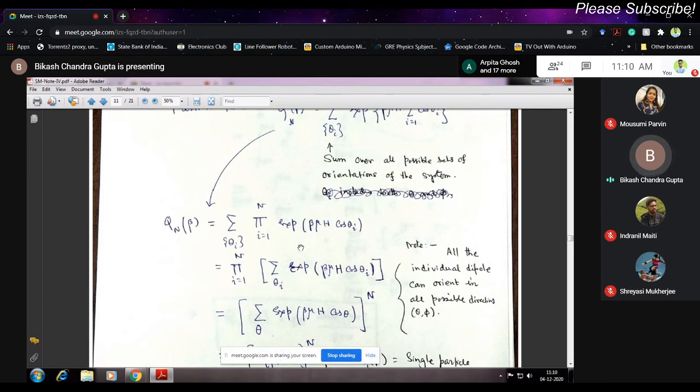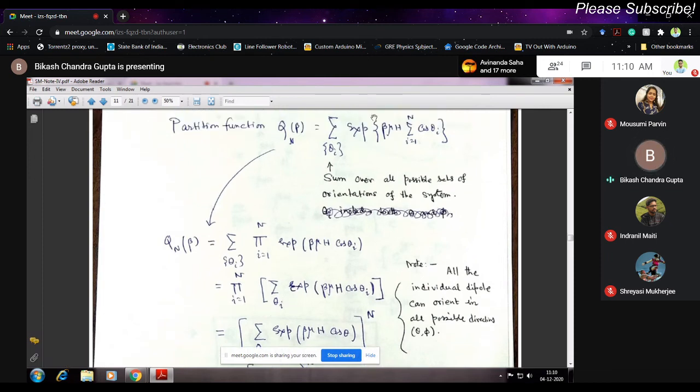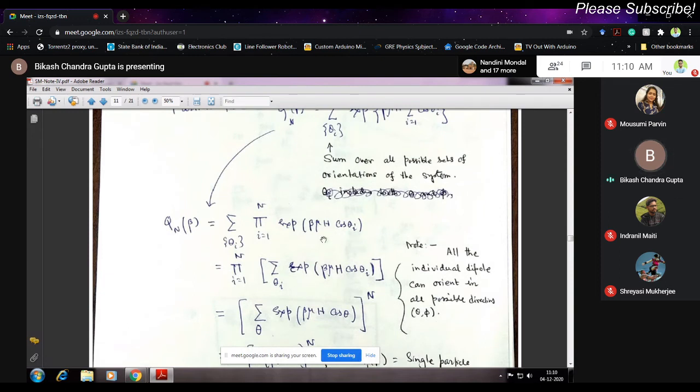Take a good look at what I did. If you still have confusion, let the confusion remain. With that, I'll come back to it. We are just writing it as a product, and this product I'm writing like this: first the product, and then the sum over theta. Okay, and then?